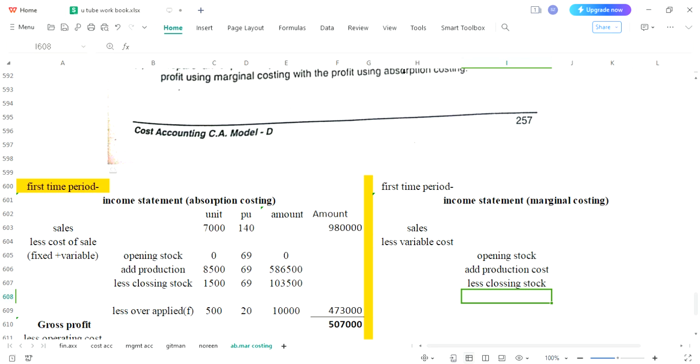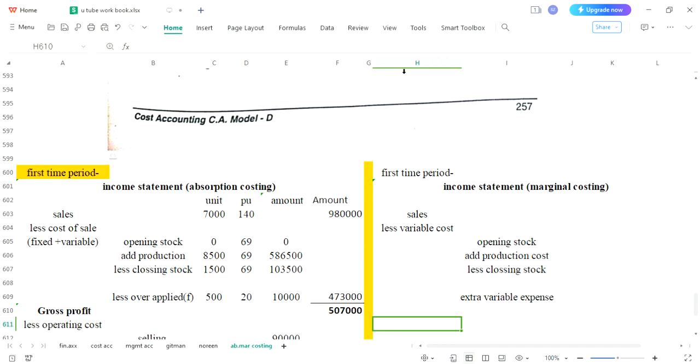In this way your variable cost would be completed, and beside it, if there is any extra variable expense, we will keep it in mind. After which we will be able to calculate our contribution margin, which would be the difference between variable cost and sales.